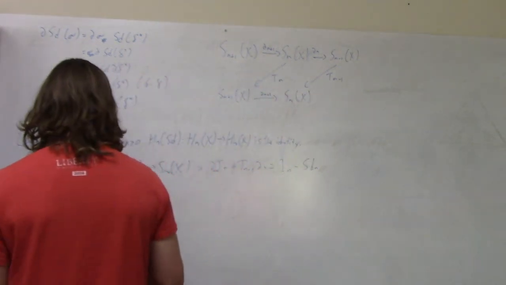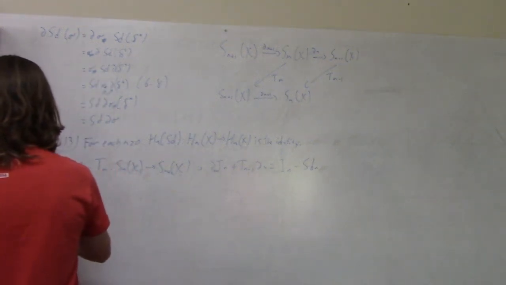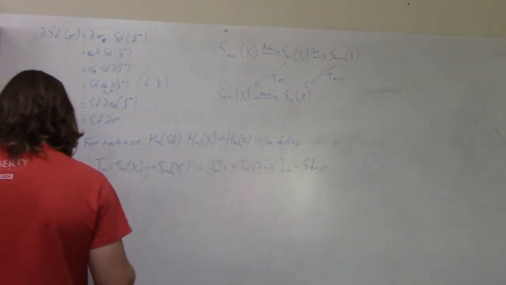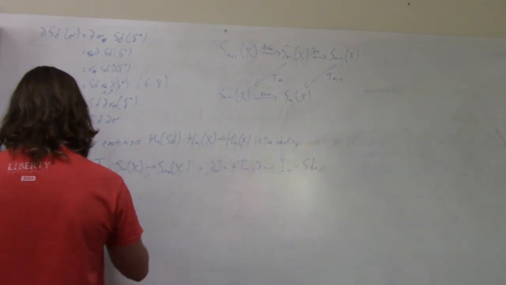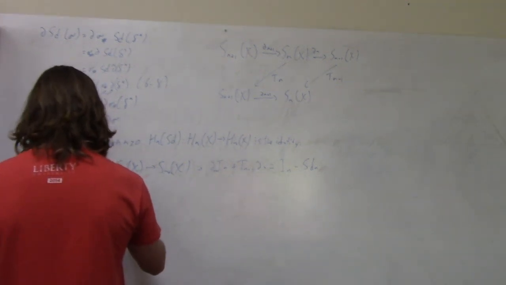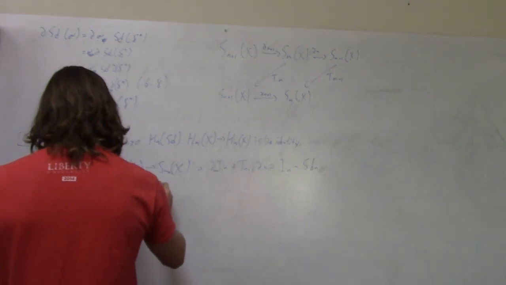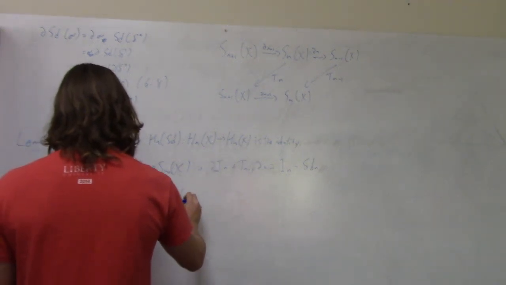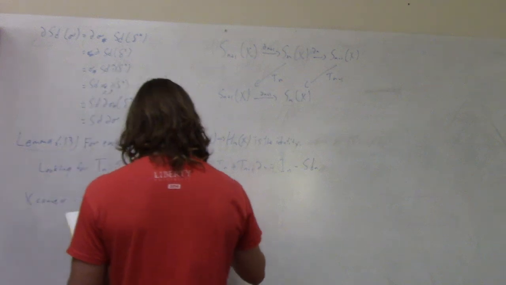So we have, for X convex, okay, if n is equal to 0, then T0 from S0 of X to S1 of X is a 0 map.